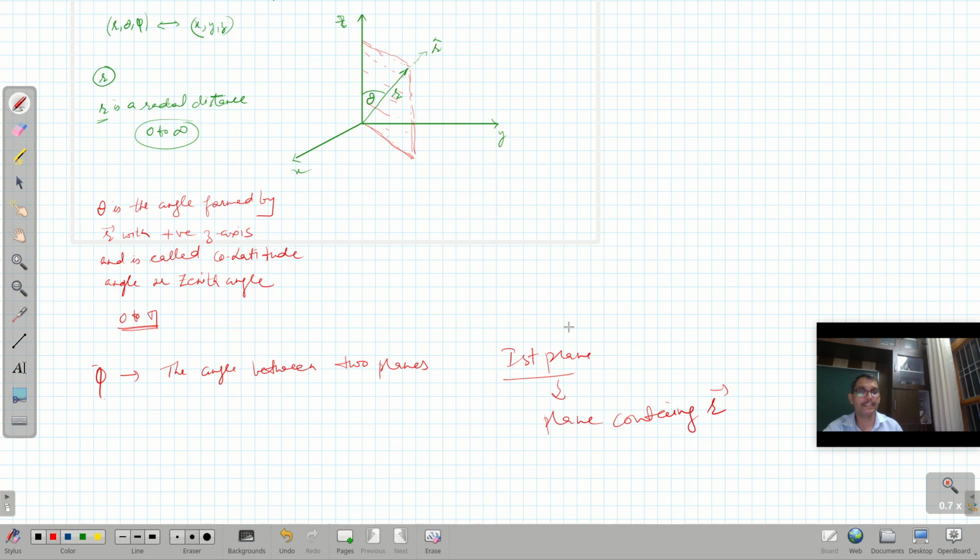And this plane is perpendicular to XY plane. And let us draw another plane. That plane is this one.